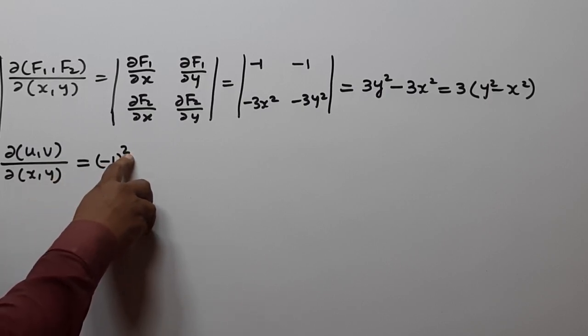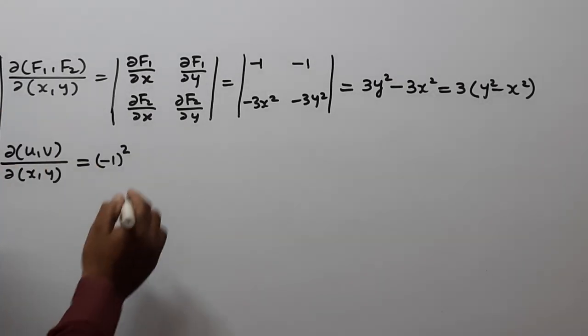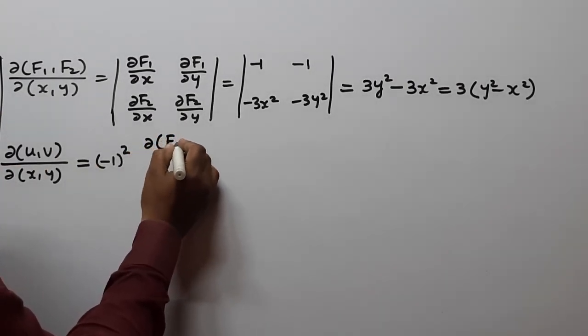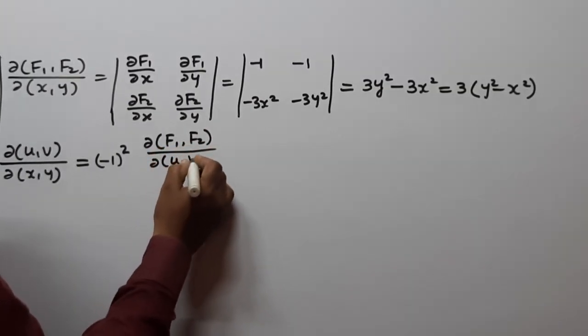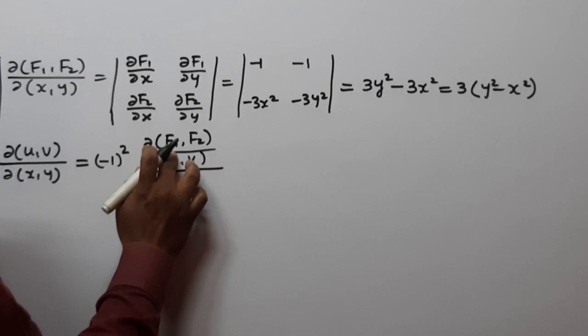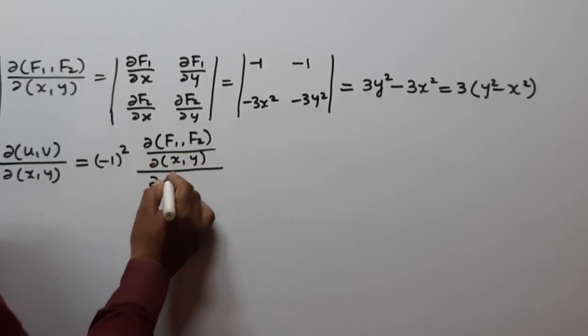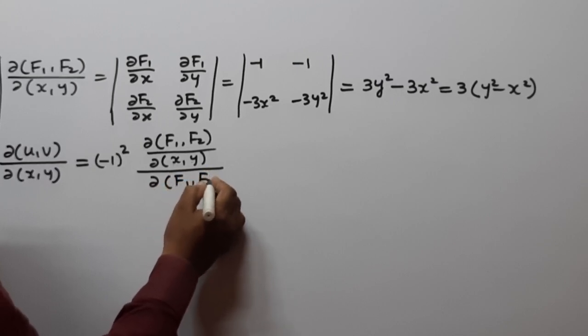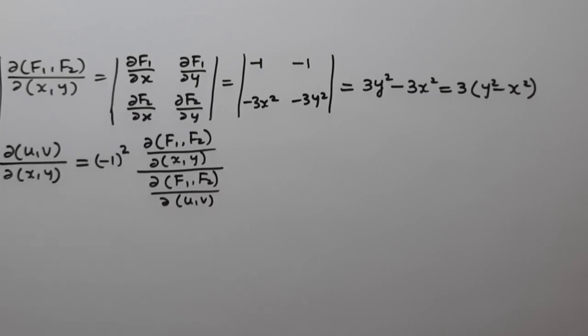And we write the Jacobian of f1, f2 with respect to x, y divided by the Jacobian of f1, f2 with respect to u, v. This is the formula when the given relation is an implicit relation.